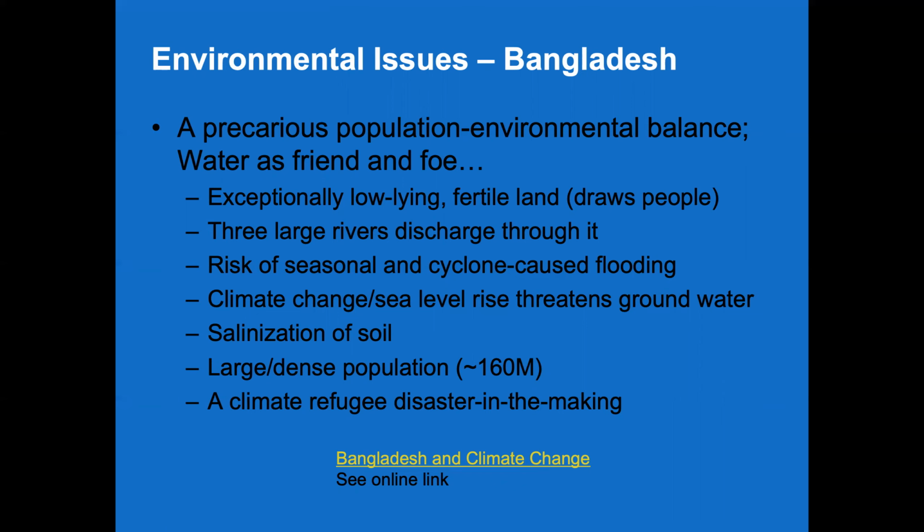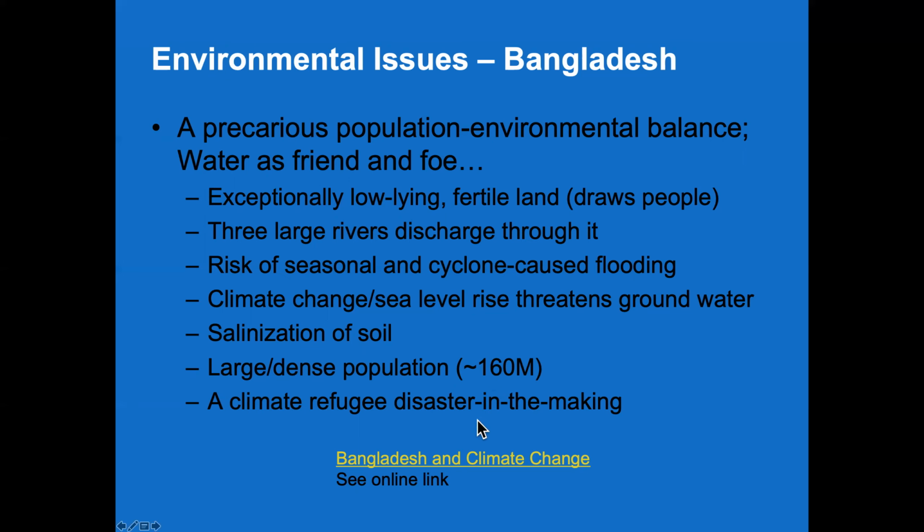So I always posit the idea that this is a climate refugee disaster in the making, quite possibly one of the biggest ones. It will make what happened in Europe in 2015, 2016, 2017 seem frankly really, really small, because you're talking about a country that is a fraction of the size of California.